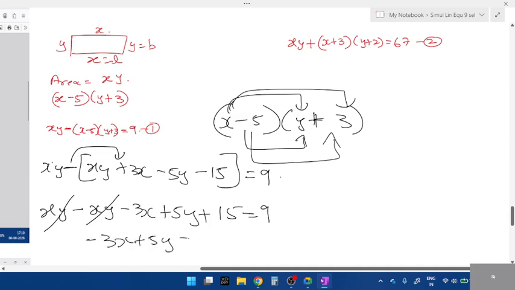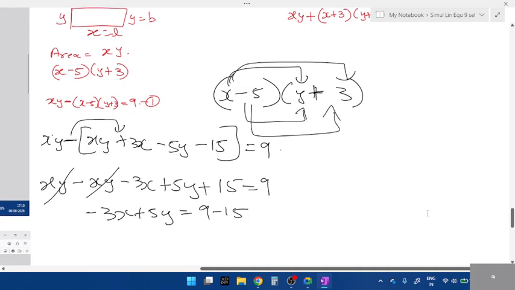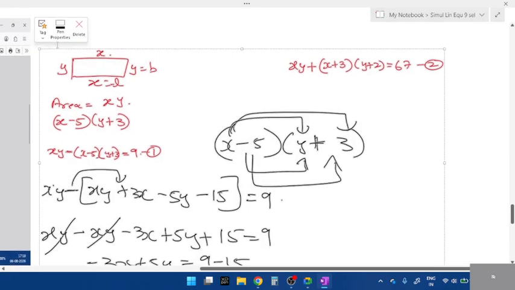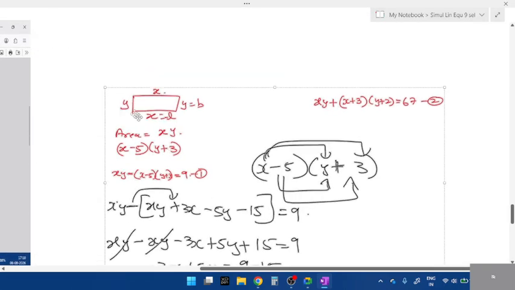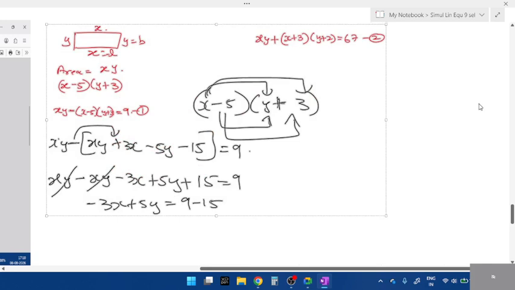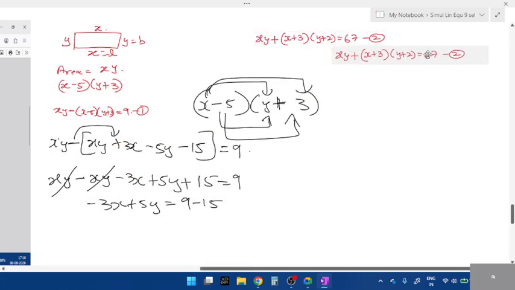This 15 is shifted to the other side. 9 minus 15. So minus 3x plus 5y is equal to minus 6. First equation. Complete this.